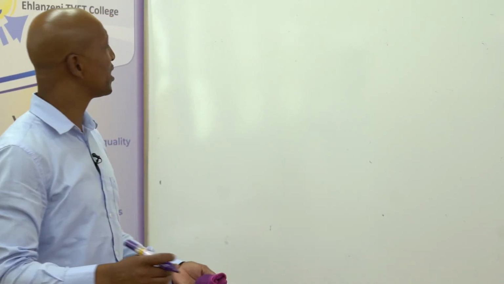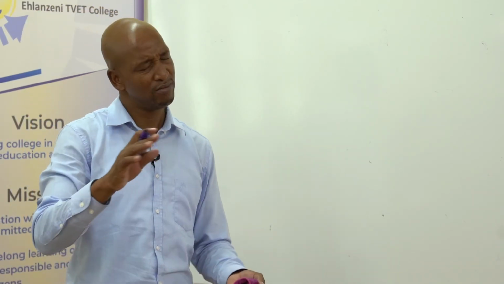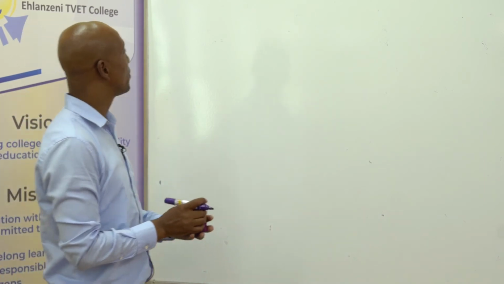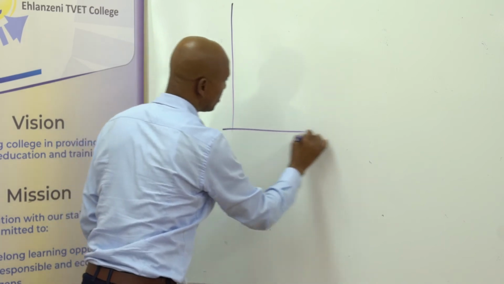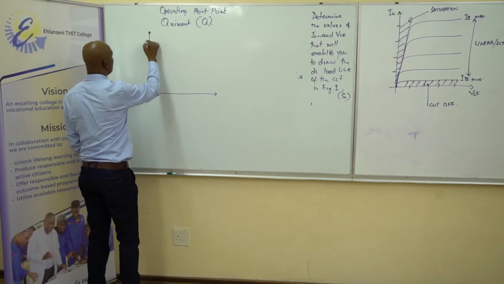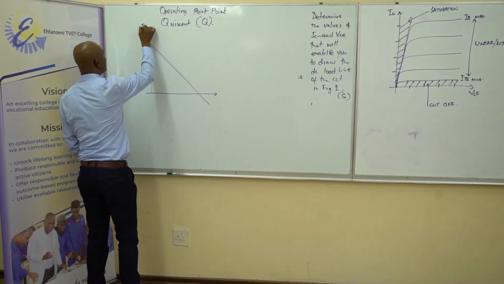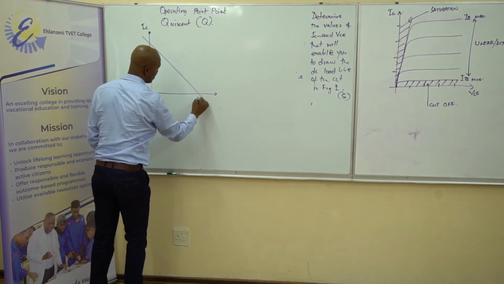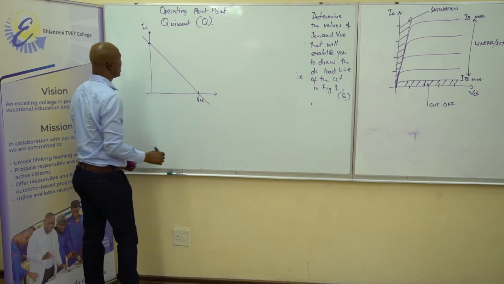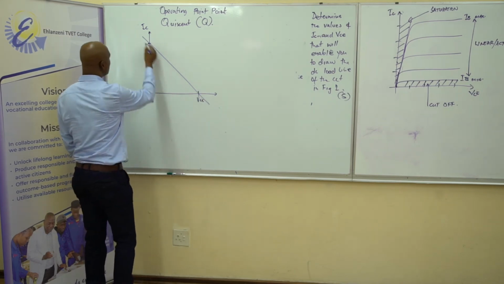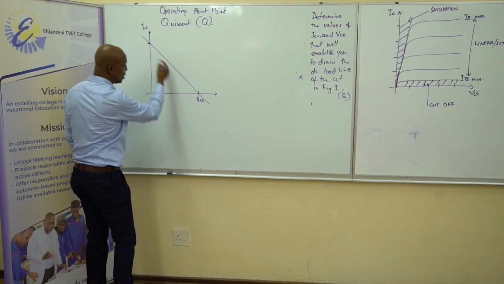For a transistor to operate as an amplifier, it is normally chosen to be right at the middle of the DC load line. So now, you have your DC load line, you have your IC, you have your VCE there. Remember we say this transistor will operate along this line.